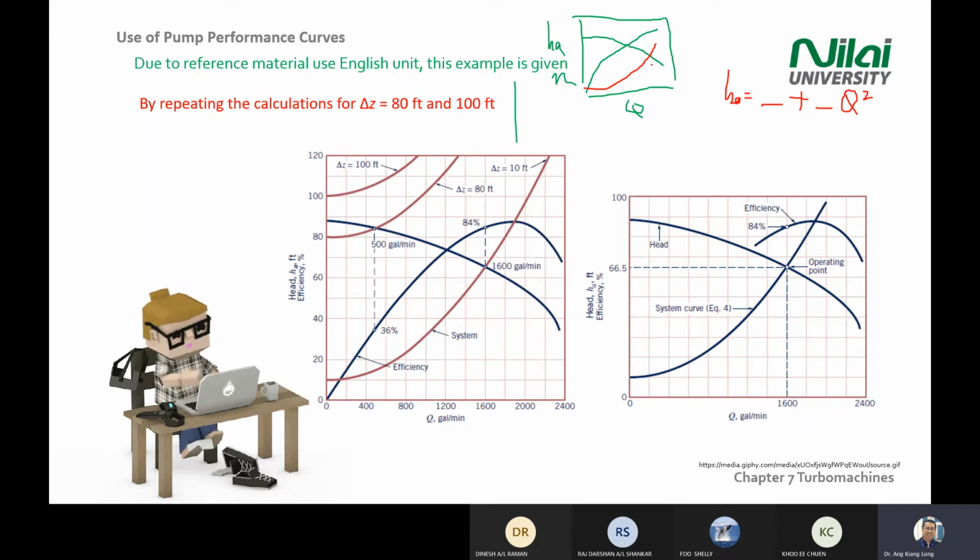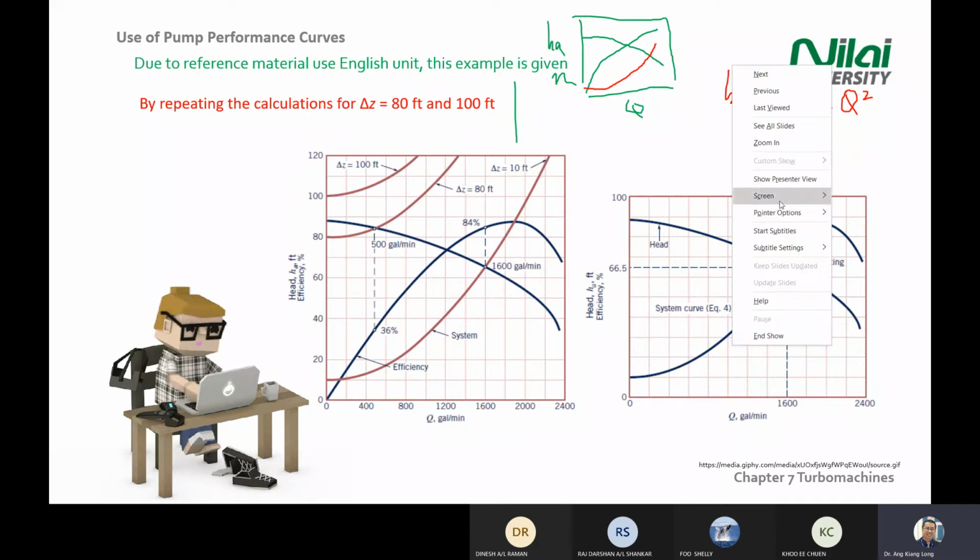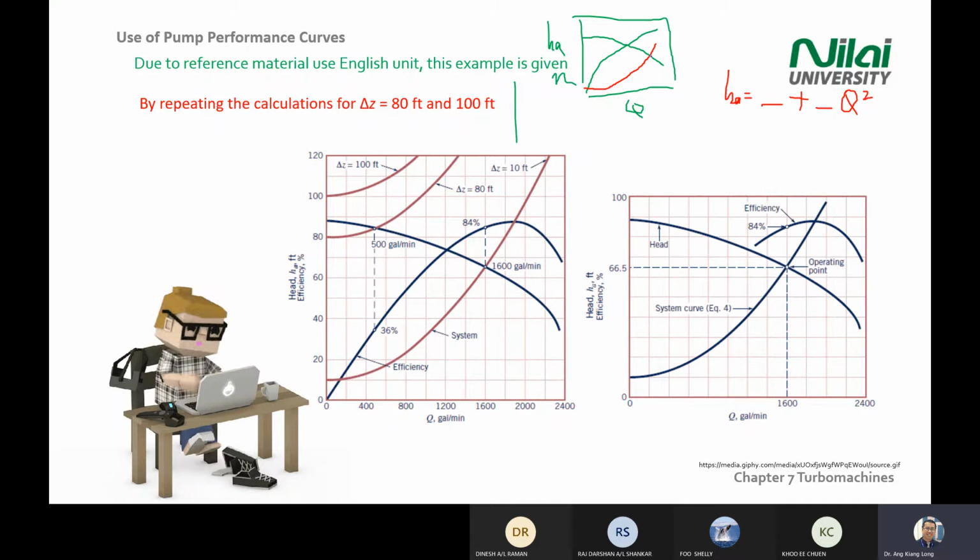This HA graph must cross the head line. If it does not cross, it means the pump doesn't work.